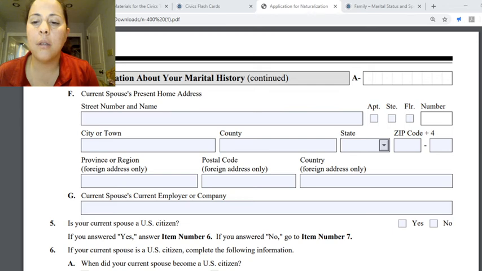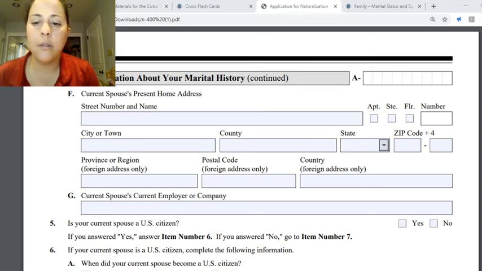Mr. Tanaka lives in Los Angeles, California. So the city is Los Angeles. County, Los Angeles. State, California. How do you abbreviate California? CA. Zip code, 90213, for example. Now remember, you do not have to fill out province or region, postal code, or country, because those are for a foreign address only, meaning outside the United States.